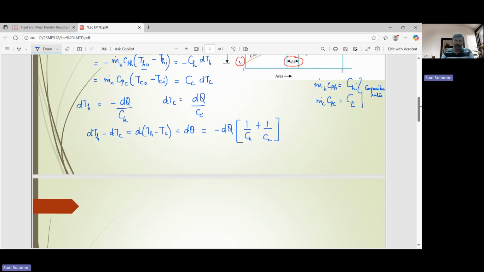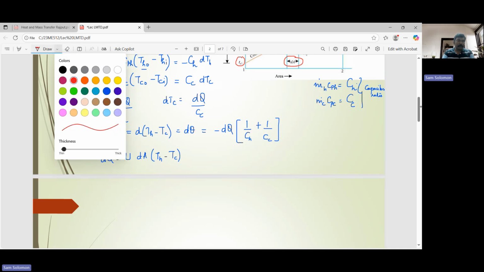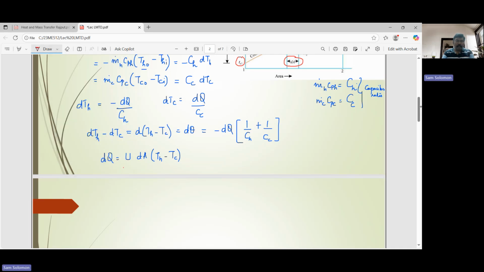Now in place of dq, we have already defined dq as u dA times Th minus Tc. And so this expression for dq can be substituted in this particular equation.